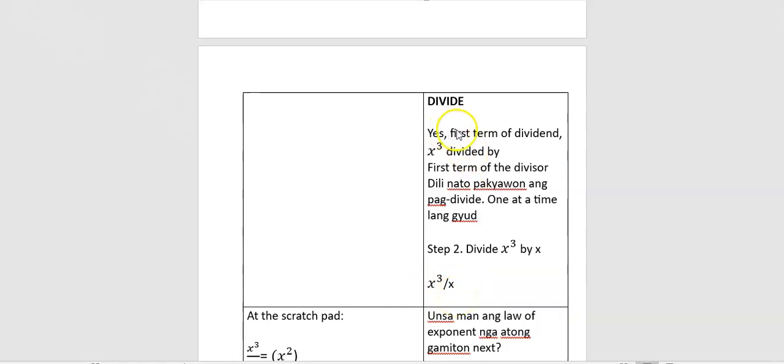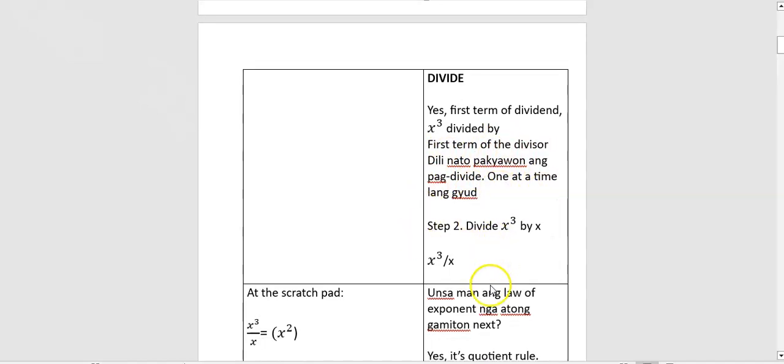So again, after arranging, we divide. Yes, the first term of the dividend, x cubed, divided by the first term of the divisor. So we do not divide everything at once. One at a time only. So divide x cubed by x. So we write it this way on the scratch pad.